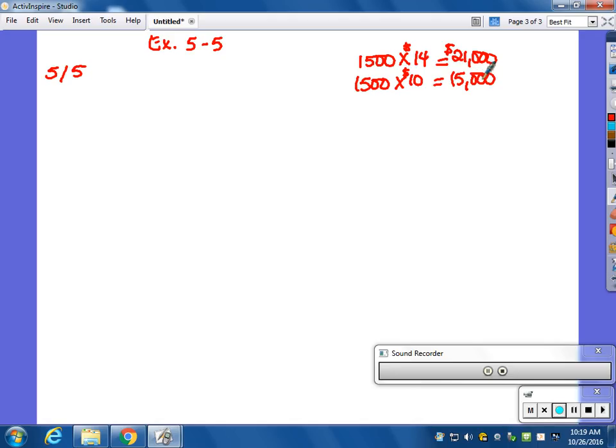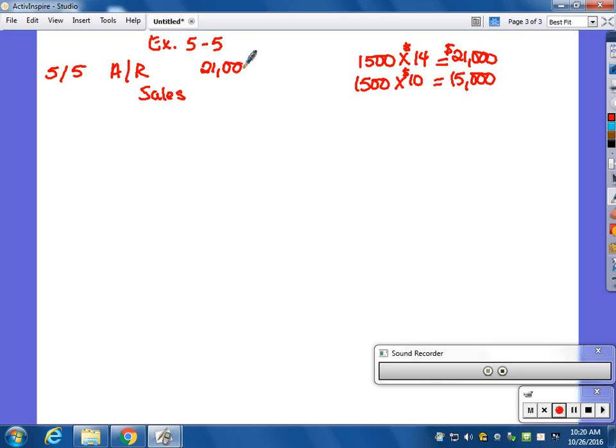So to record the sale itself, we debit what? What's the account? Accounts receivable, right? Because you're selling an item on credit. And credit what? Sales. What amount? 21,000.